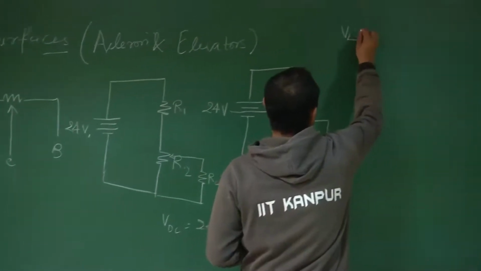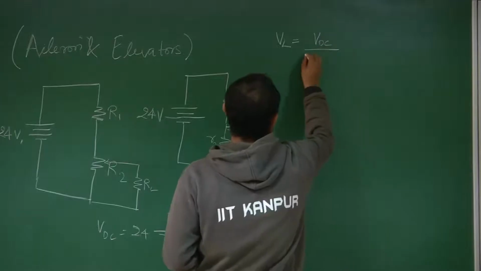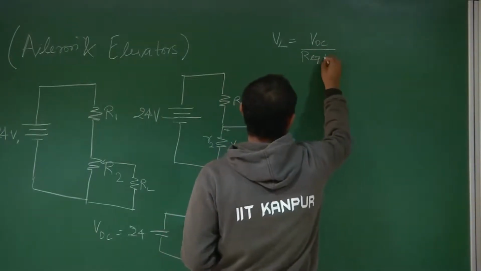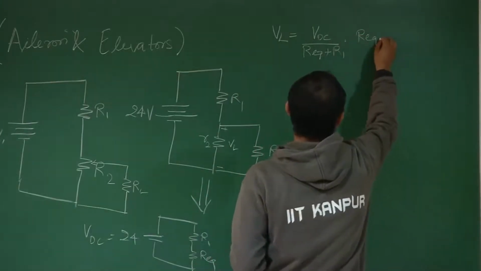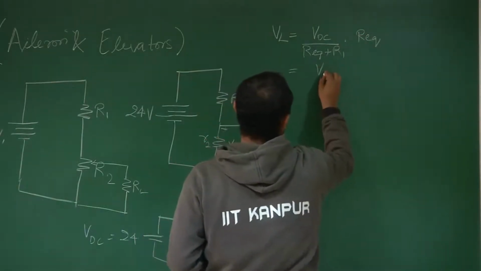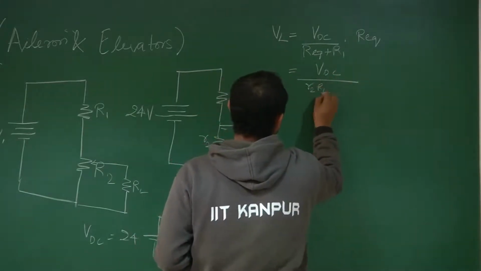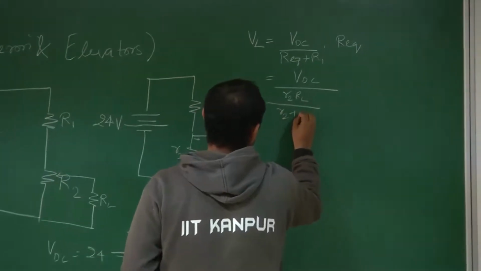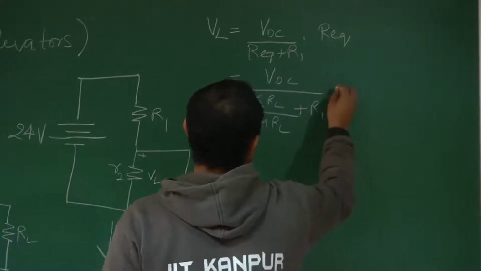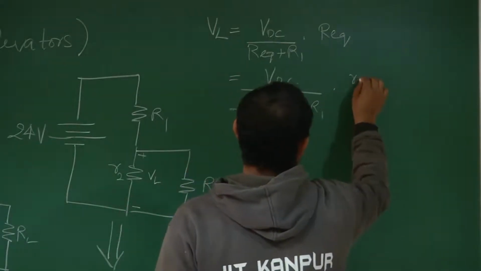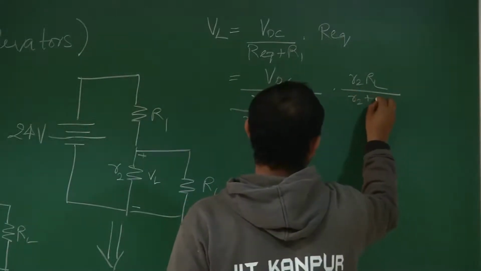Hence, my VL will be VDC upon R equivalent plus R1 into R equivalent, which is equal to VDC divided by R2 RL by R2 plus RL plus R1 into R2 RL by R2 plus RL.